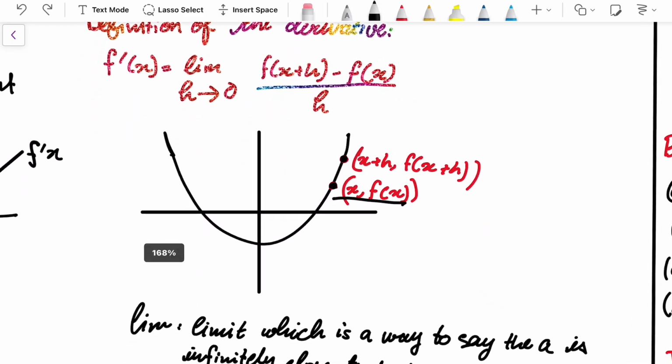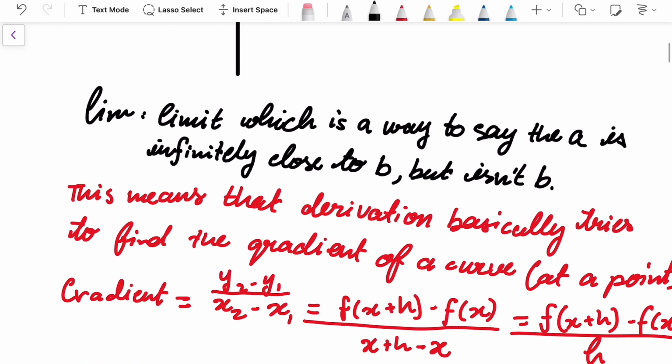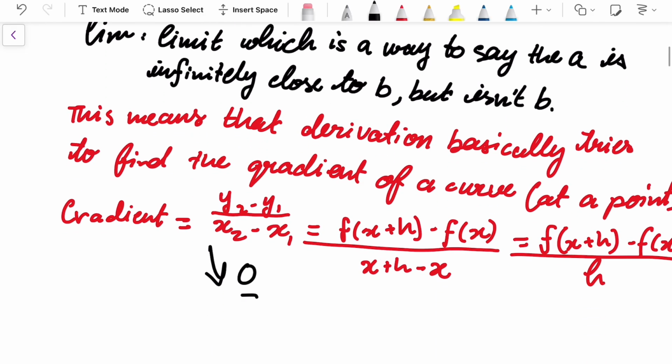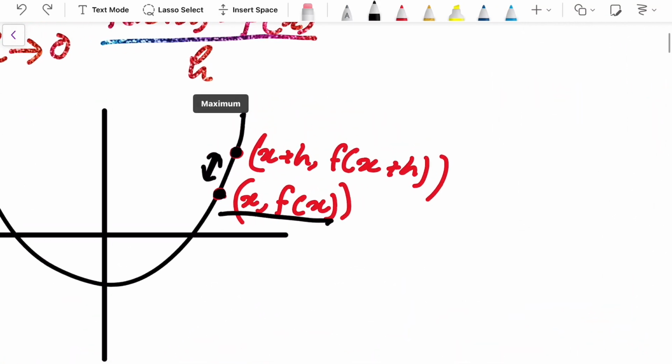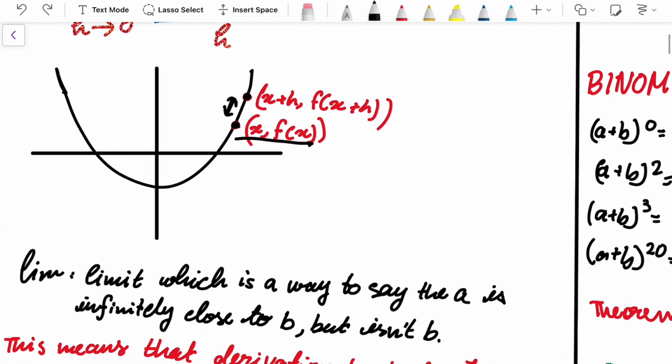We want these points to get infinitely close, but we obviously can't make them the same, otherwise this gradient would become 0 over 0, and that wouldn't really work out. So what we're doing is trying to get these points really, really close to each other. That's our goal.